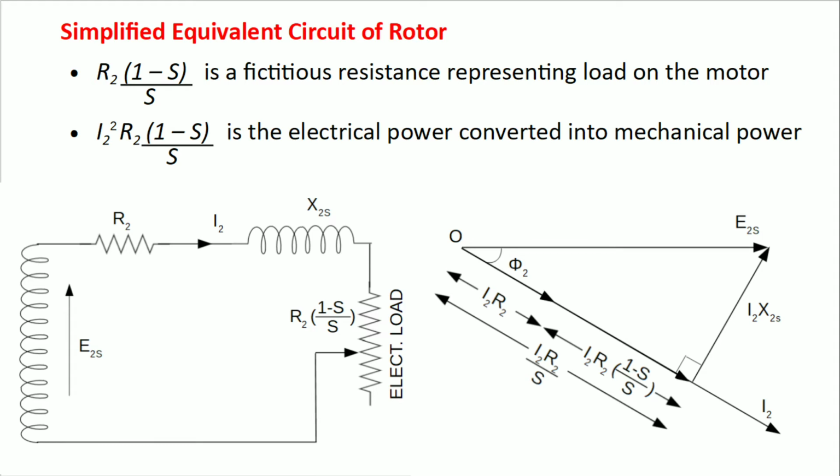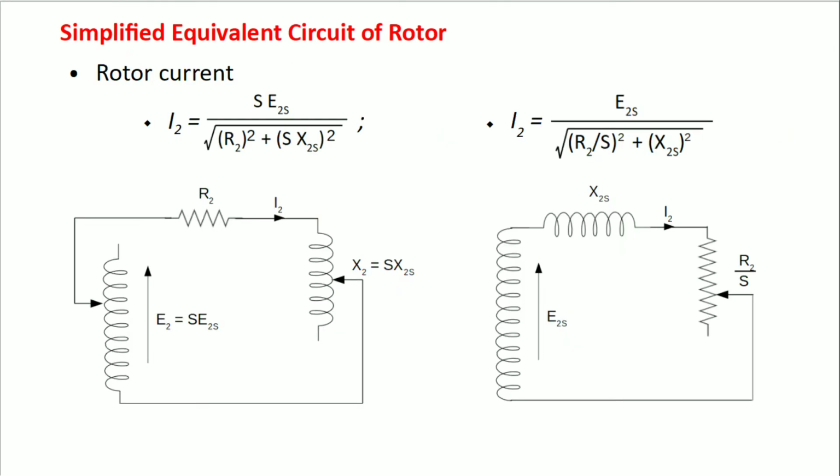What we will do is divide this resistance R2 over S into two parts. We know that resistance R2 is already there. This is the resistance of the rotor winding per phase, the induced EMF of the rotor per phase, and the reactance per phase.